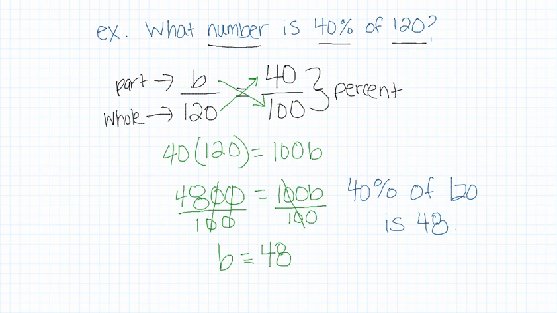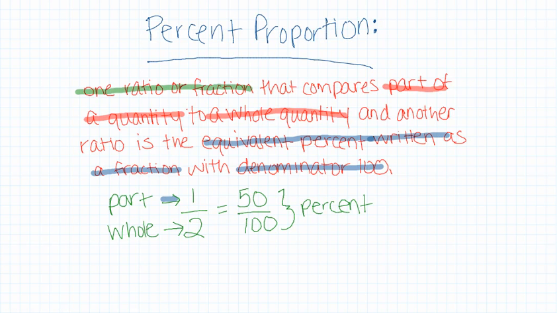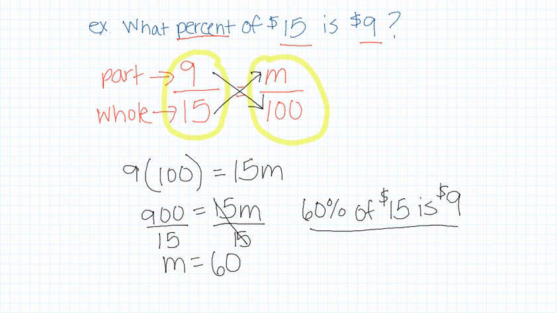All right, so just to review, a percent proportion is when you have two ratios, the first ratio being some sort of part of a quantity to a whole quantity, and then the second ratio is a percent that's written as a fraction, and remember percents are always out of 100, that's why we have the 100 as the denominator. So when you have this percent proportion and you're given two values, for example in number 1 here, we're given $15 and $9.